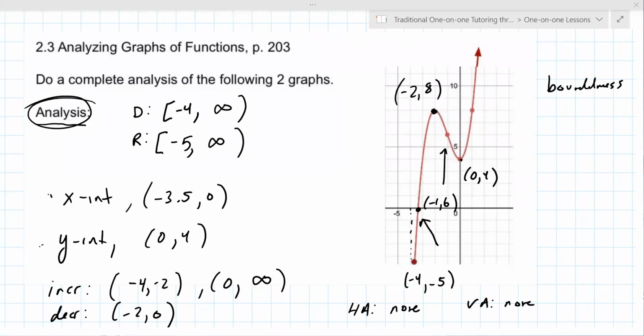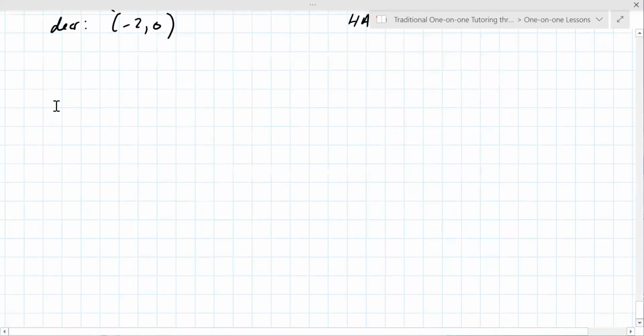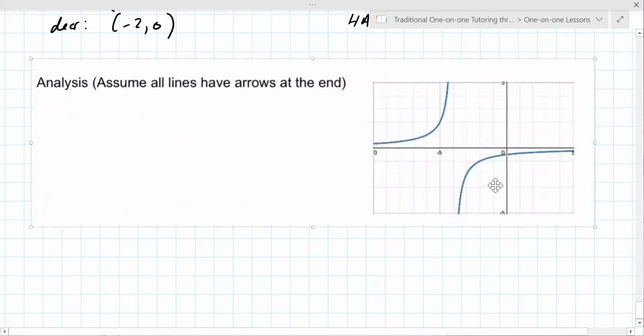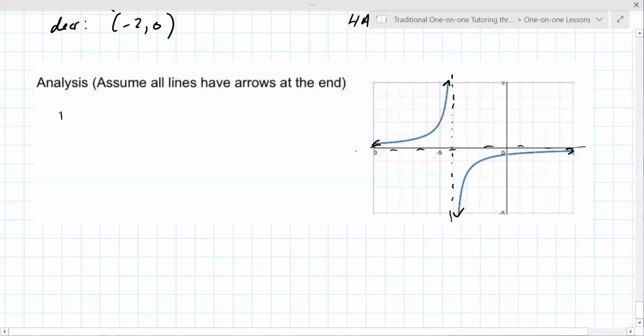Let's do some of the same kind of analysis. It says to assume there's arrows, which means the graph goes on there and there. And then there's a vertical asymptote there and a horizontal asymptote there. Okay, so what is the domain of this function? The only restrictions are vertical asymptotes.